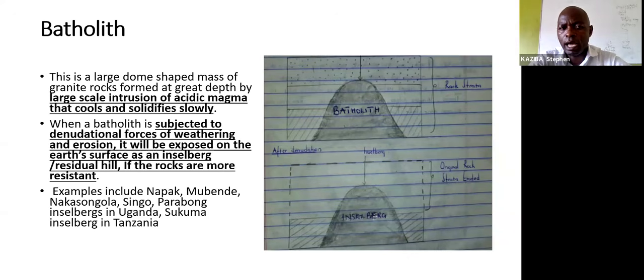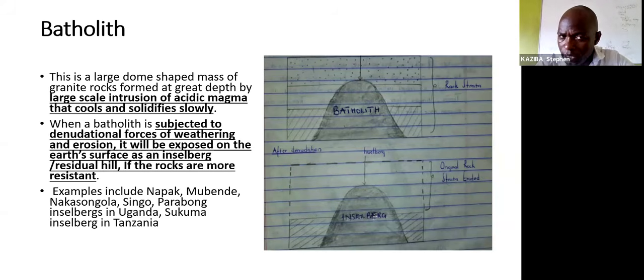Define it as a large dome-shaped mass of granitic rocks formed at great depth by large-scale intrusion of acidic magma that cools and solidifies slowly. So you have to mention the large-scale intrusion of acidic magma that cools and solidifies at great depth. So you explain how it is formed inside.